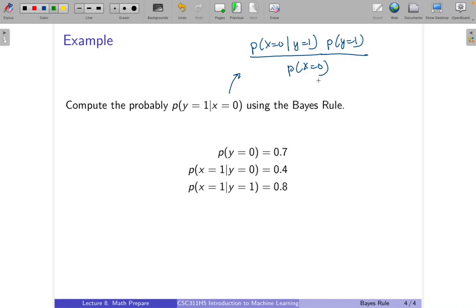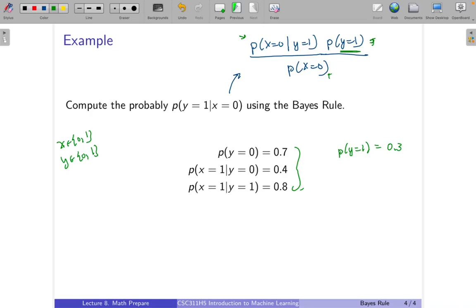The problem, first of all, is that none of these terms are given to us here. Some of these terms you might already see how to get. So for example, the probability that y is equal to 1, that's just going to be 0.3. Again, we're assuming that x and y are Bernoulli random variables, and they can only take on the value of 0 or 1.